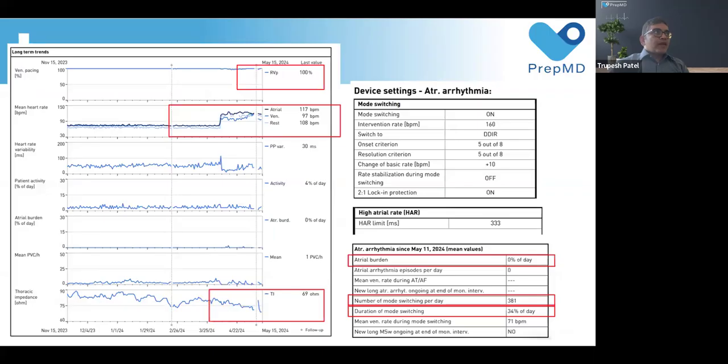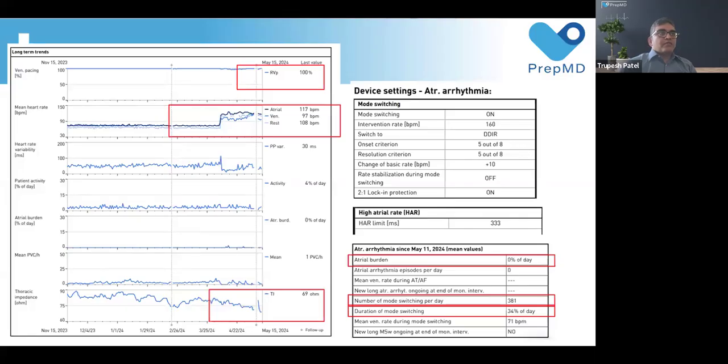So when we look at the HF diagnostics, if you look at the mean heart rate, one thing pops up on the left: the patient's heart rate was around 70 beats per minute up until early April.